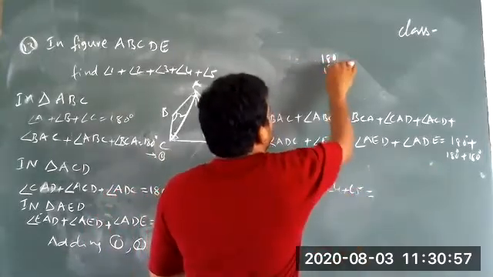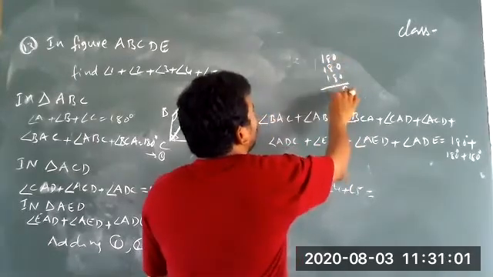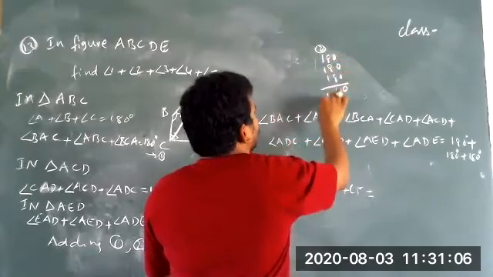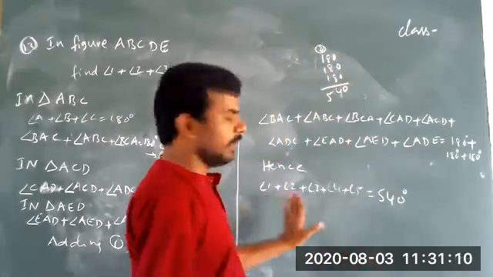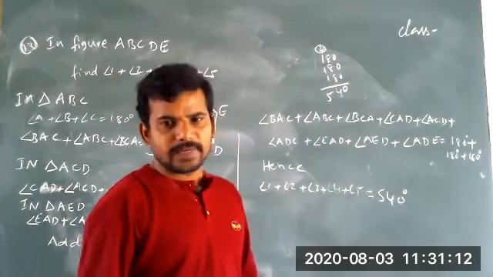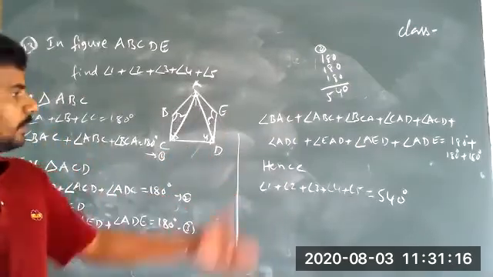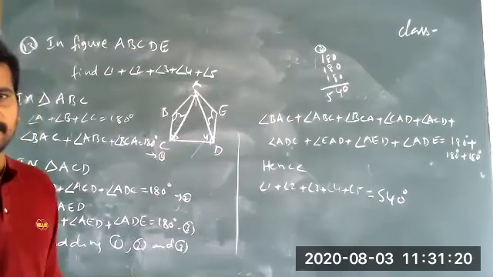Do the addition. 0. 8 plus 8 is 16, 16 plus 8 is 24, 2 carry 2 plus 1 is 3 plus 4 is 5. So total how much, children? 540 degrees. So angle 1 plus angle 2 plus angle 3 plus angle 4 plus angle 5 equals 540 degrees. Clear, children? So this is the answer.